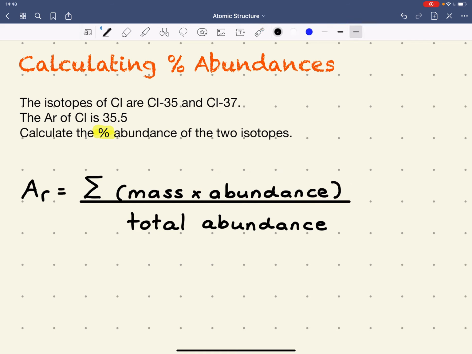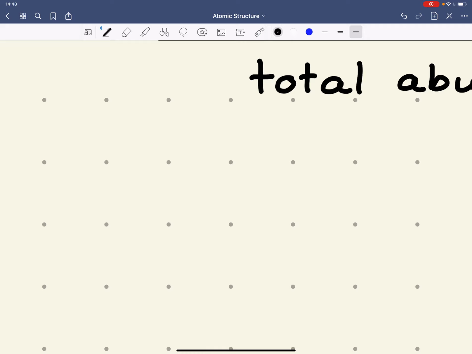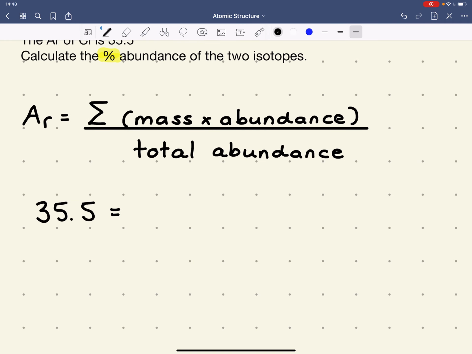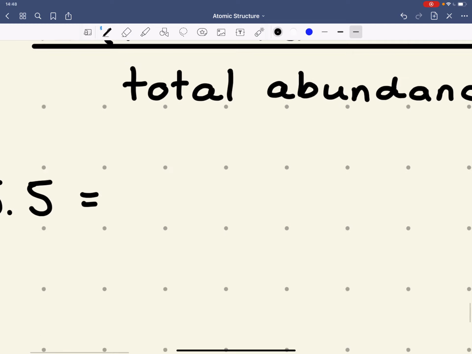So if we fill in the information that we've got into this equation, we get the following. We know that the Ar is 35.5, and that is equal to the mass times the abundance, and it is these abundances that we're trying to work out.